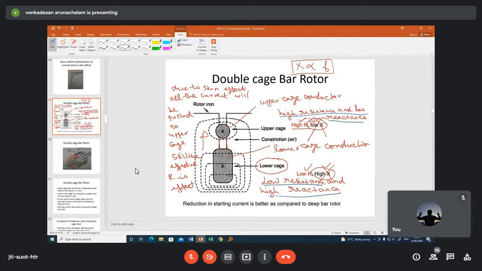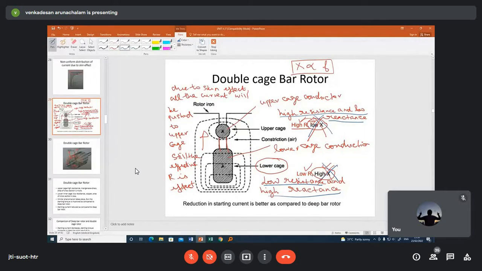During running condition, there is no effect of reactance because the frequency of the rotor is very, very less. So the effect of reactance is not at all coming into the picture, right? Only the resistance is dominating over your reactance, and the current during running condition will go till the end of the lower cage.